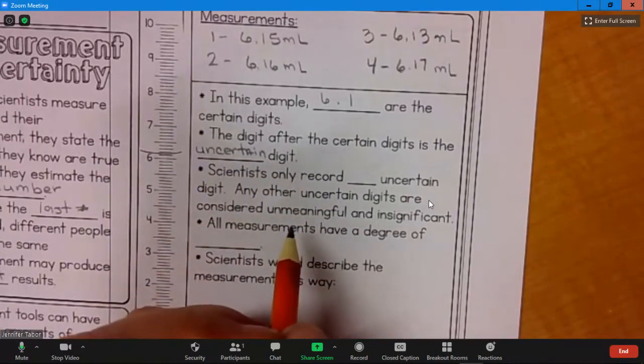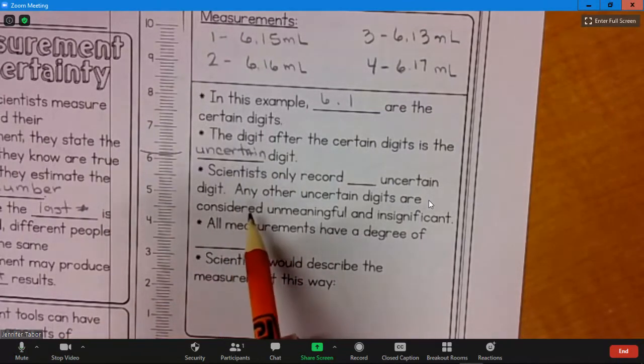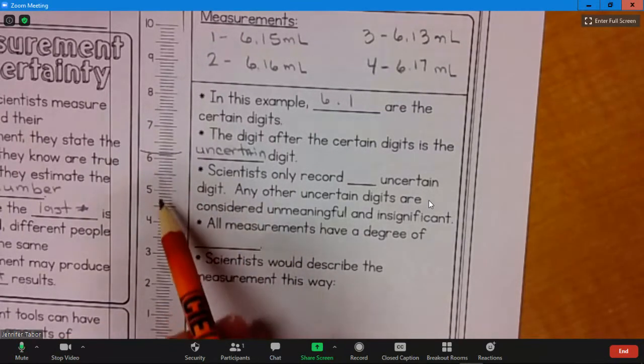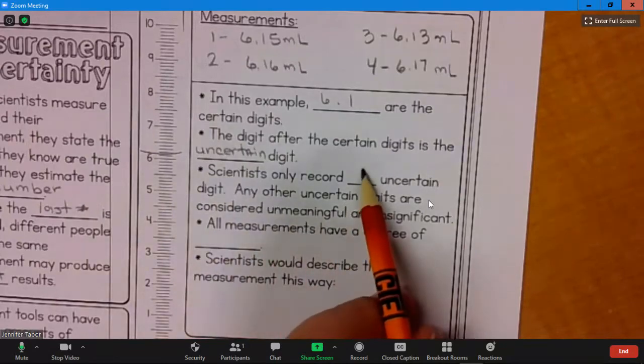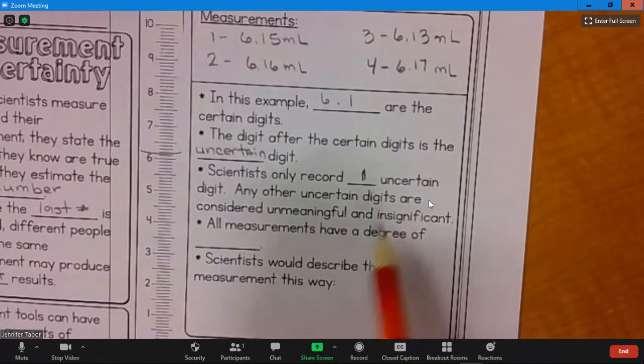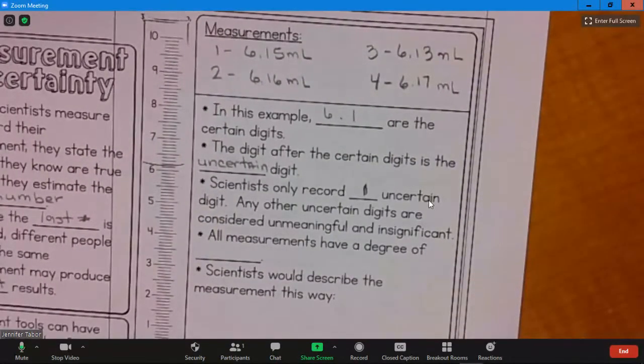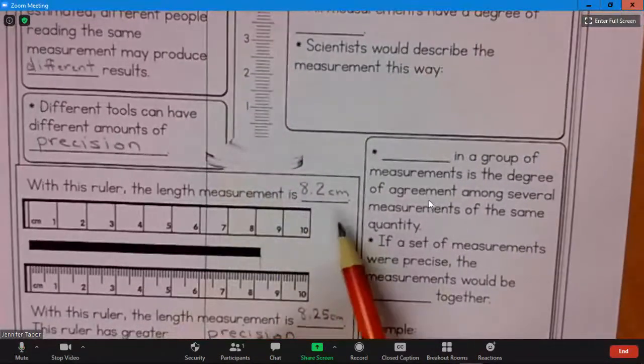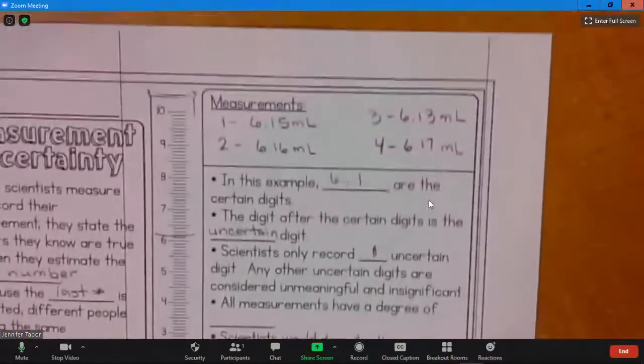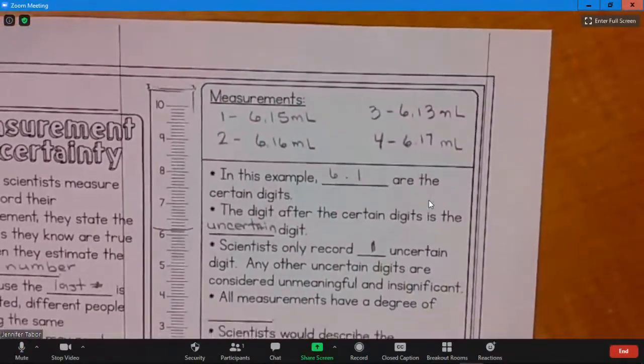So we're not quite sure about that one, right? As scientists are doing their recording, they will only record one uncertain digit. Remember how I said down here we can only say 8.2 because the 0.2 is our uncertain, right? Anything else is insignificant because I can't look that close and tell with my eyes.